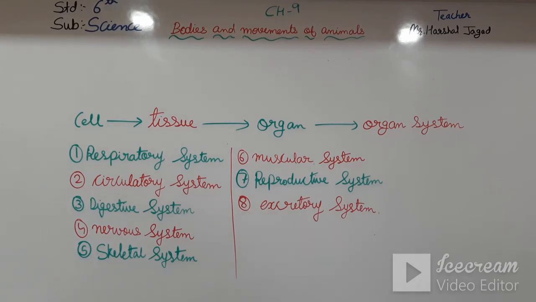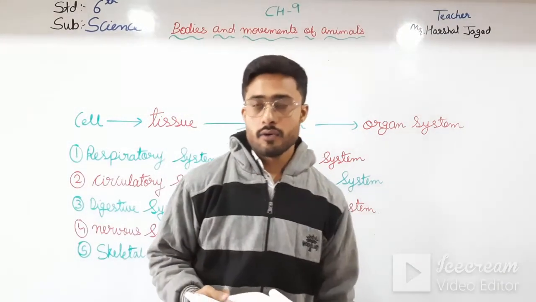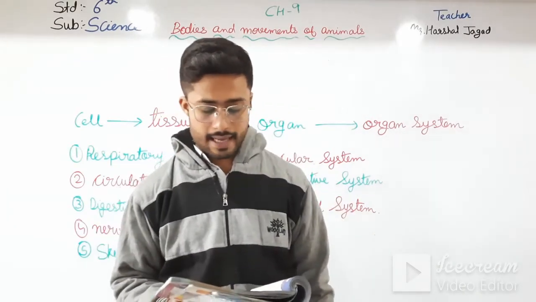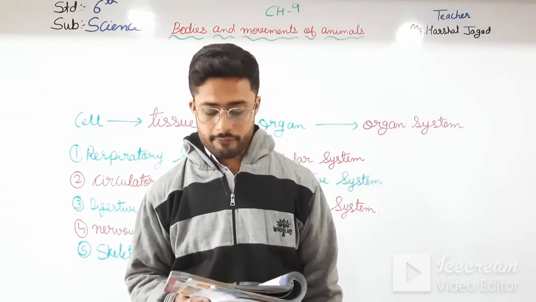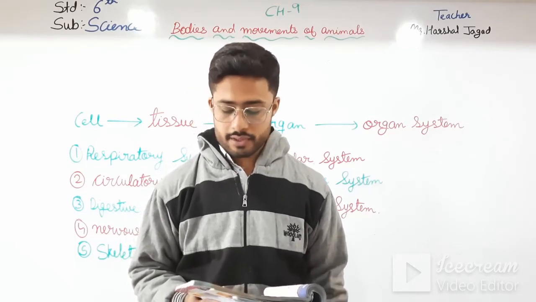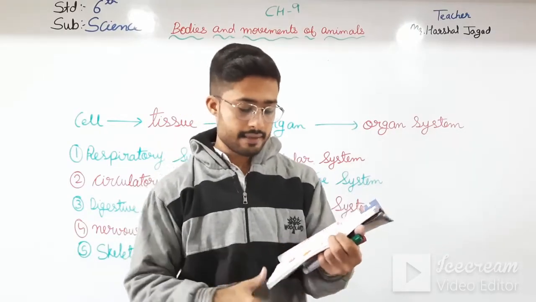Here is how snails move. Here a photo of a snail is given. Okay, then how do snails move? A snail's body has a protective shell and a flat muscular structure underneath called the foot. Here you can see in the figure, this is the shell and this green part is the foot.